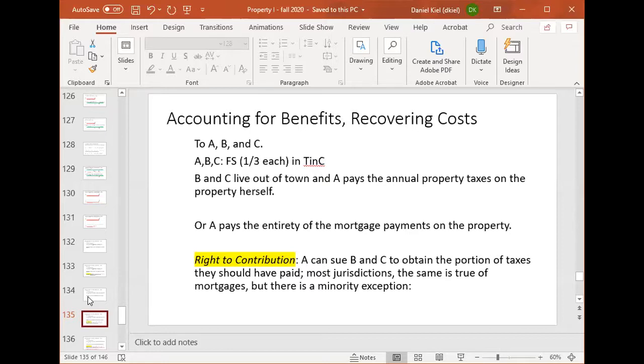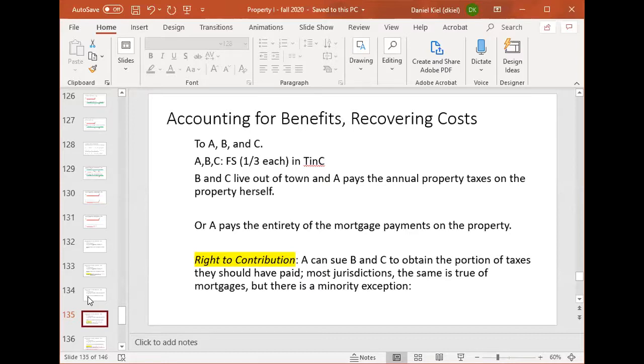Even though it might be a case where A is living on the property and B and C are not living on the property, in most jurisdictions A can still recover, because what you are avoiding by paying the taxes or the mortgage is foreclosure.